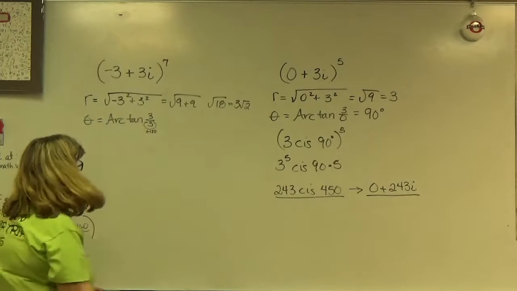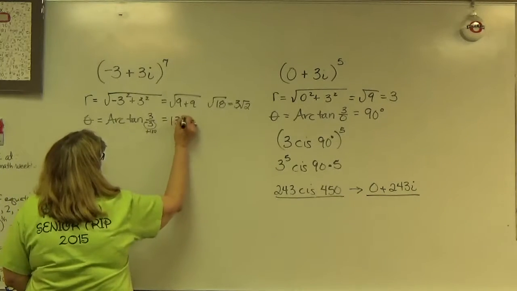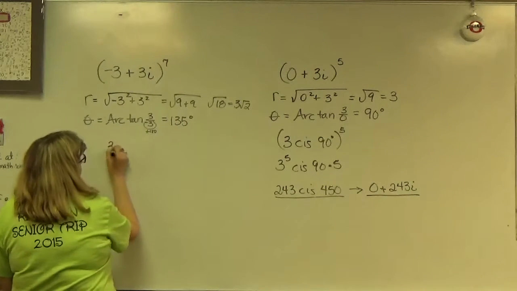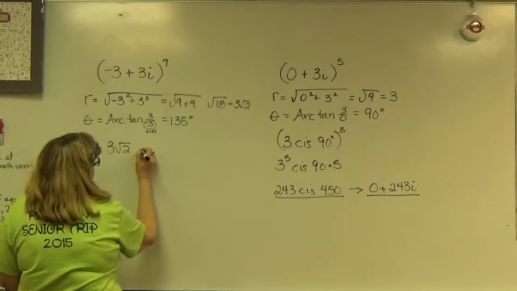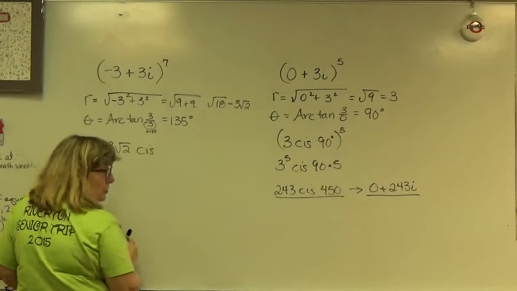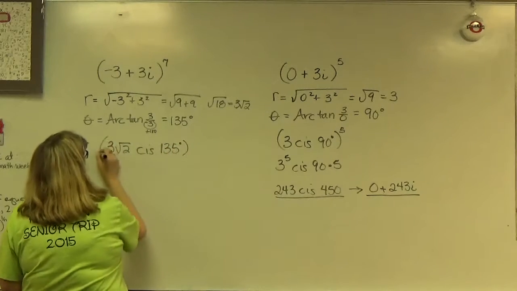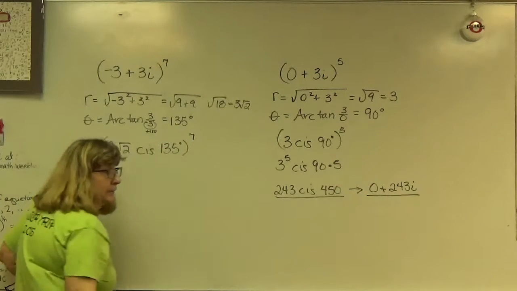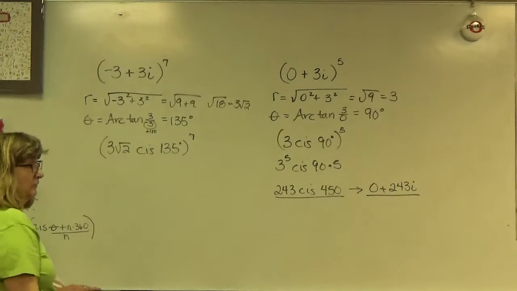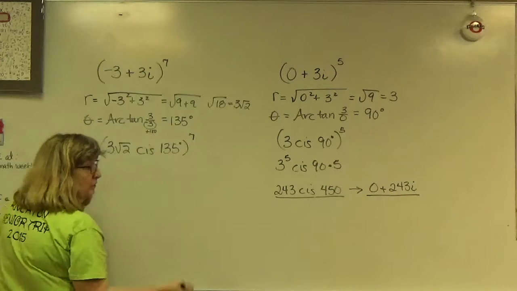Yes. So that's 3 square roots of 2, cis, which is cosine i sine of 135, and we're raised to the what power? 7th. You're going to not like the 7th when we finish here.